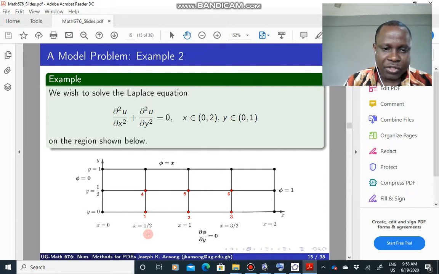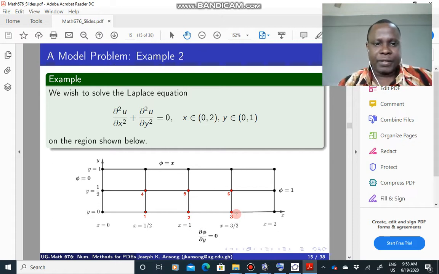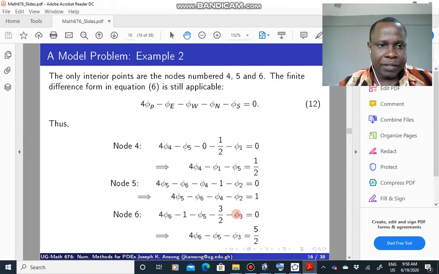So how do you treat that? To apply the discretization equation to point 1, you have to modify it. Once we modify it, then we can apply it to 1, 2, and 3. That will give us another set of equations. So this is how you go about it.